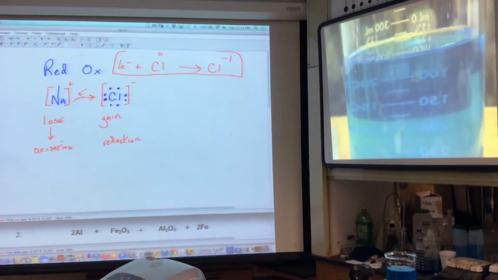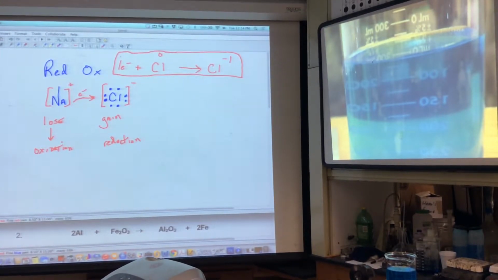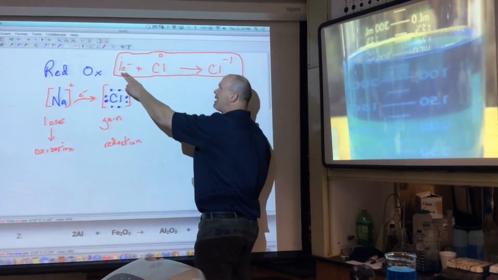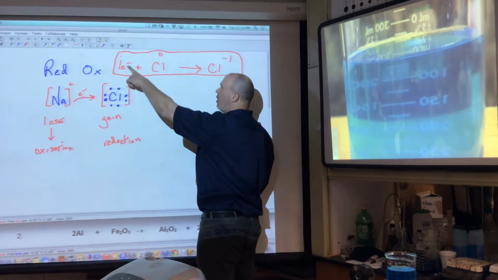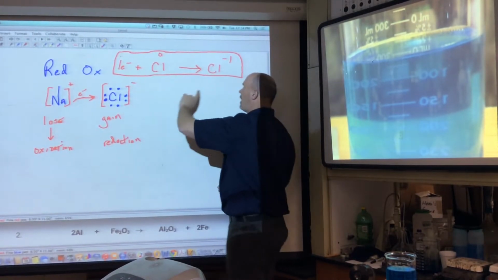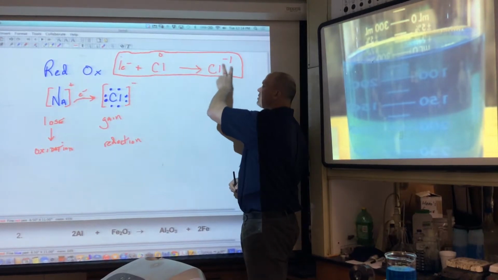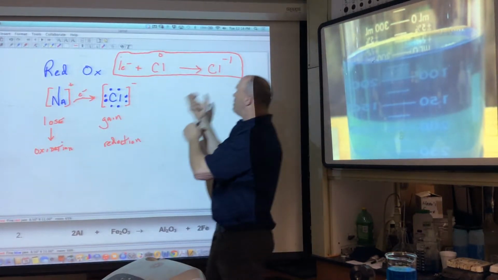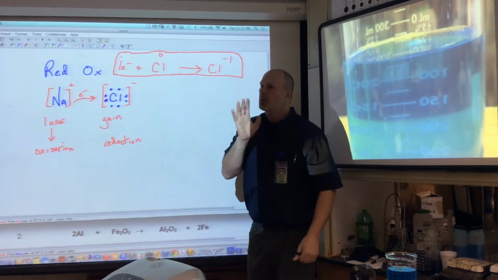Now this is called a half reaction because it's only half the story. In this half reaction, chlorine gains one e negative. The e is an electron. It's always negative. You can see a negative 1 on this side, and this side is also negative 1. Chlorine gained an electron from the sodium, became negative 1, and this is what you did last night.